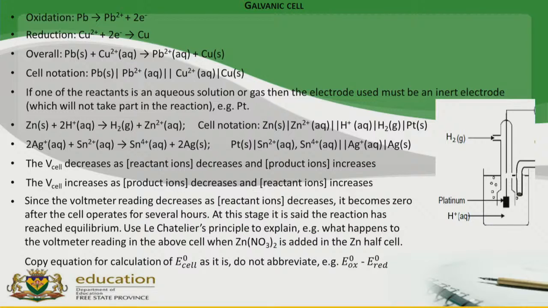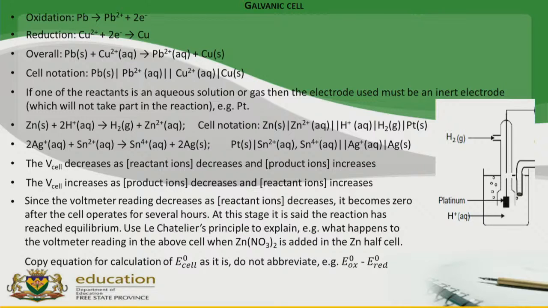And then it might happen, like last year, that they were told that, for example, the reaction is now continuing. And after a while, say for instance, you are talking about this half reaction of zinc and hydrogen, you add more zinc nitrate. So what do you know about zinc nitrate? It is soluble in water, so it can form zinc ions and nitrate ions.